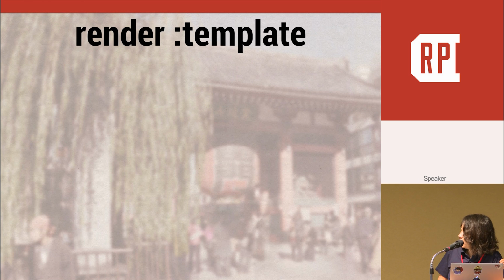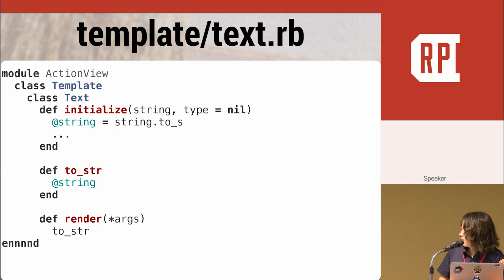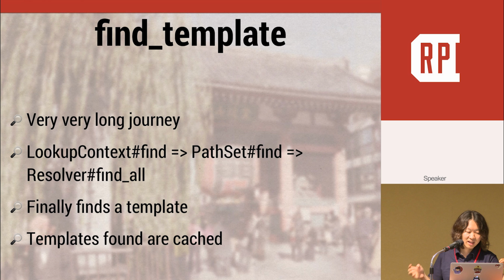So there's this render template. Render template actually firstly calls find template. And it's a very, very long journey to find the template from the template file name and the format and the handler and locale and variables. Anyway, it uses something called lookup context and finds the template finally.